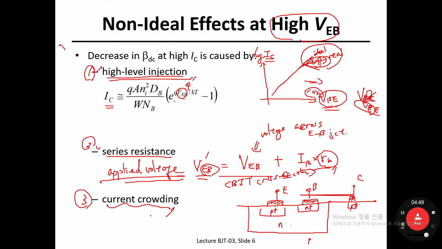So under active mode, many holes would be injected into the base region, and they are going to create the base current. And since this n-type base region has its own resistance value, this I sub B times R sub B IR drop would affect the effectively applied voltage.